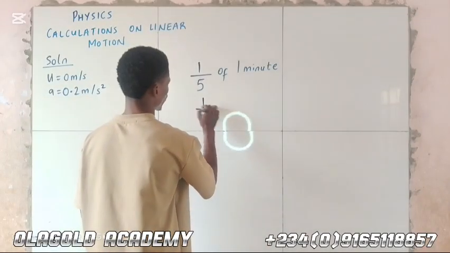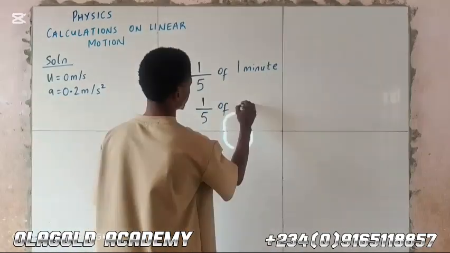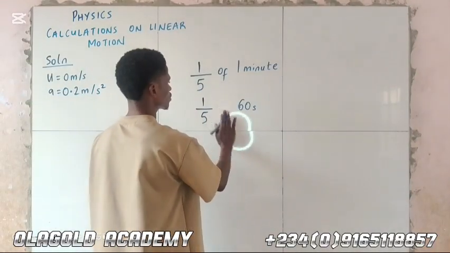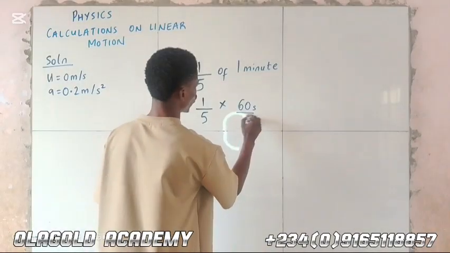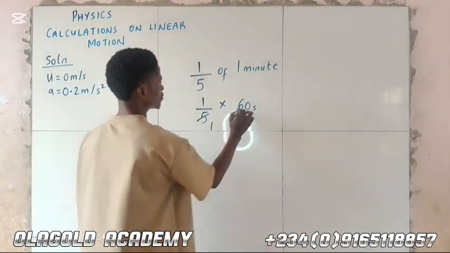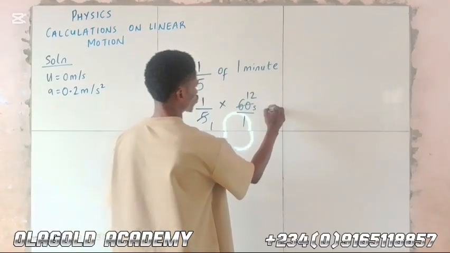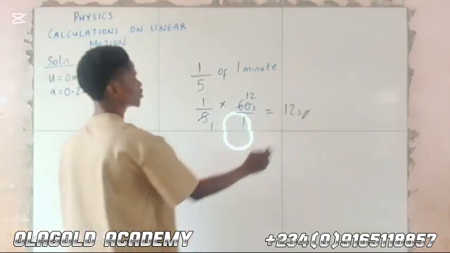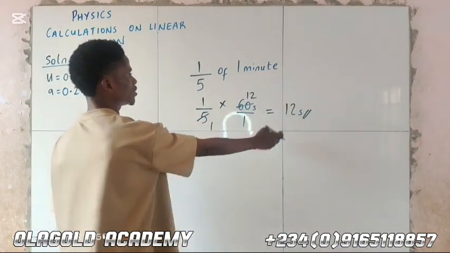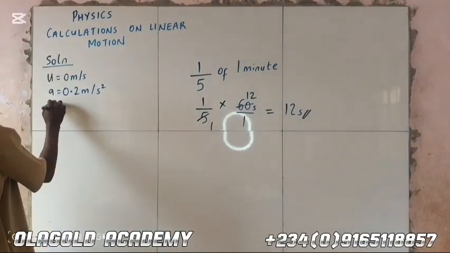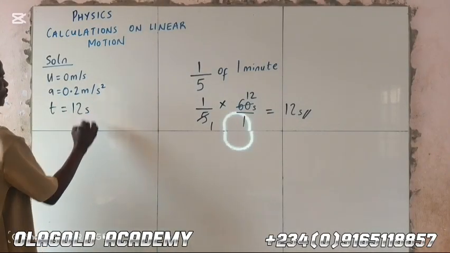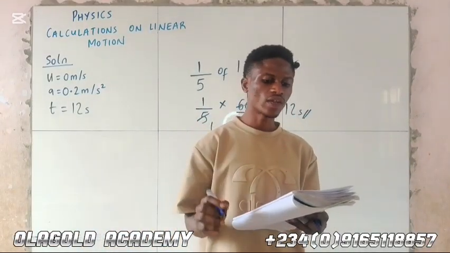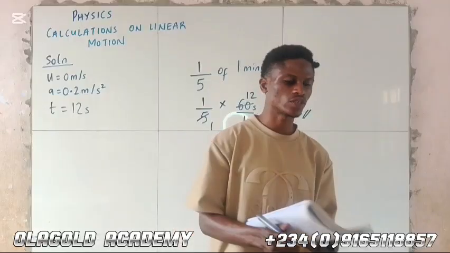So we have 1/5 of 60 seconds. Of means multiplication. So 60 over 1, 5 here 1, 5 here 12. So we have 1 times 12, which is 12 seconds. So 1/5 of a minute is 12 seconds. So we have time to be 12 seconds.